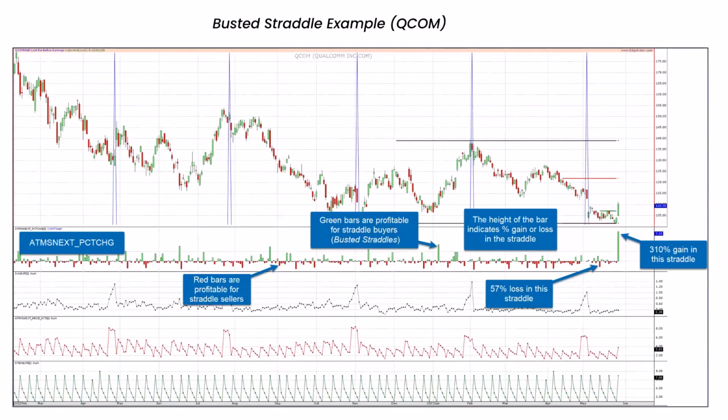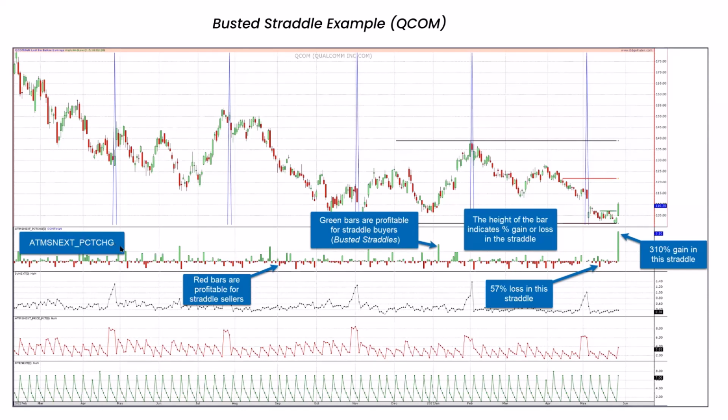So put that together on a chart, and here's an example of the straddle busting template, the chart that's associated with that, with Qualcomm. So what we have is the ATMS next underscore percent change.